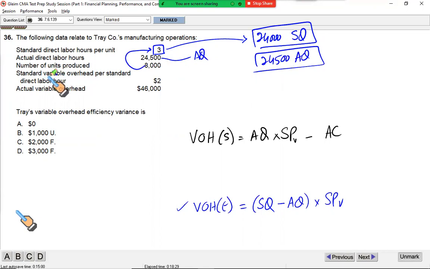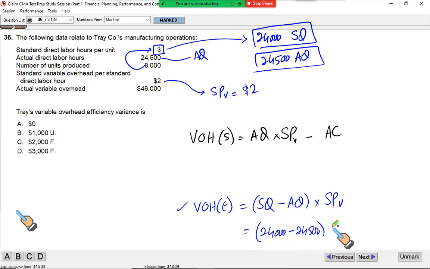What else? The standard variable overhead per standard direct labor hour, or the variable overhead absorption rate or allocation rate, it is SP and it is equal to $2. We got everything we need. As per the standards, we should have used 24,000 labor hours, but we actually used 24,500 labor hours.